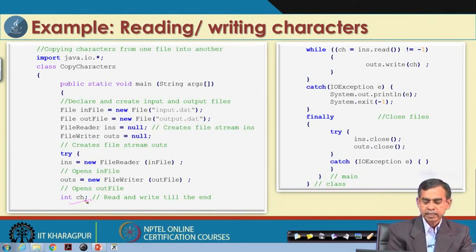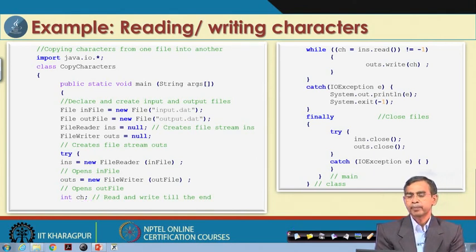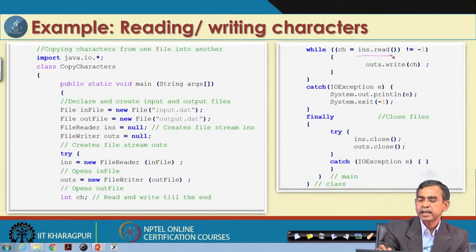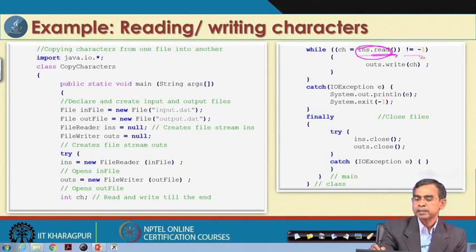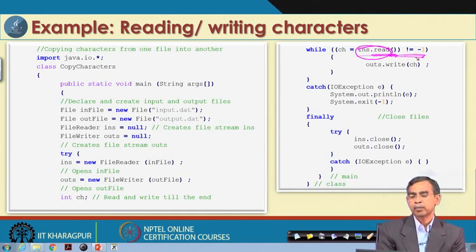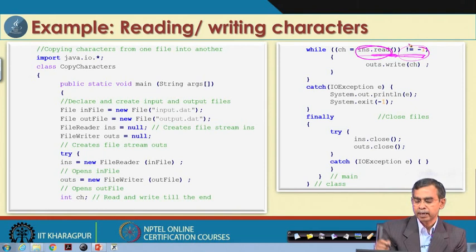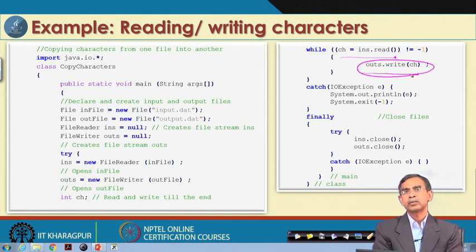Now, this integer c is a temporary variable, and here you can see ins.read, that means from the input object the read method will read one character at a time, until the end of file. It reads a character from the file and outs.write writes the same character into the output file.